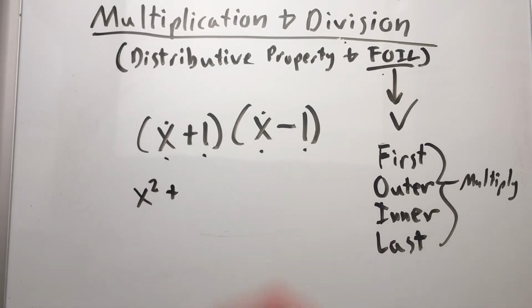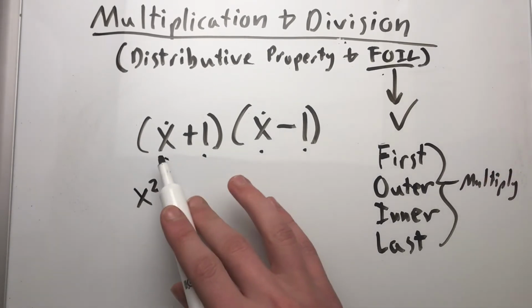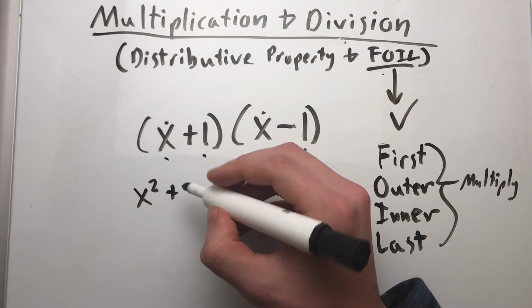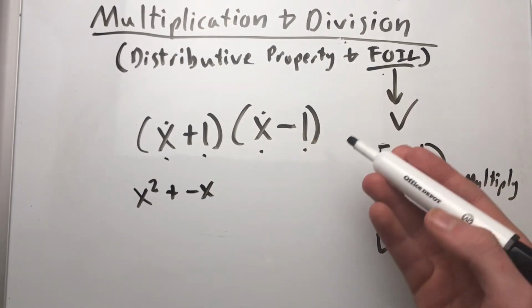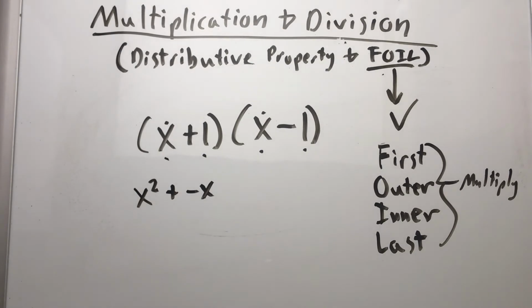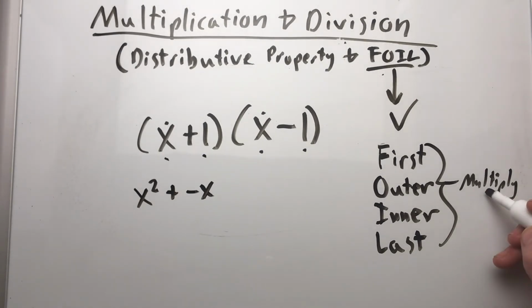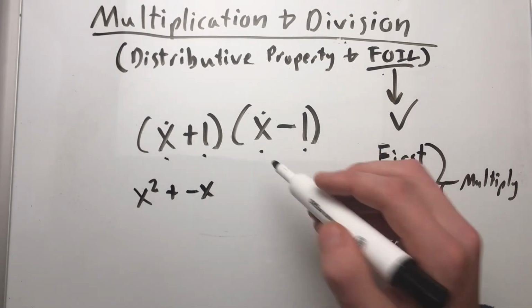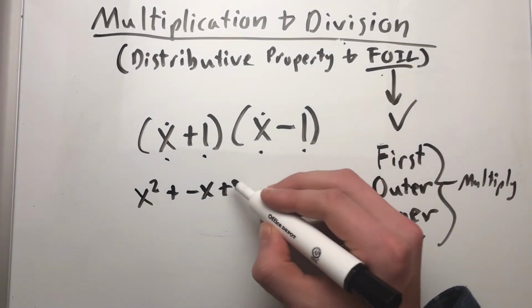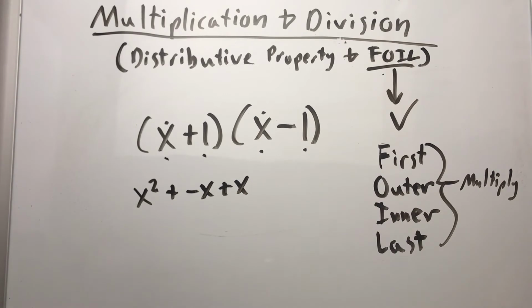Put a plus in. Our next step is to multiply the outer terms, which are x and -1. So we get negative x. We then multiply the inner terms, +1 and x, which gives us plus x.